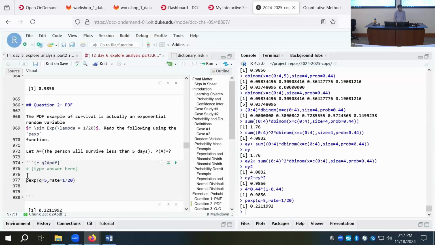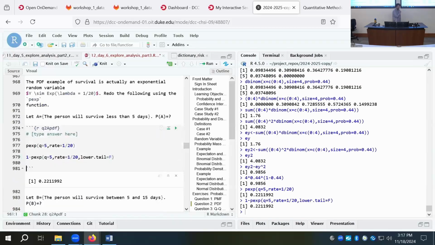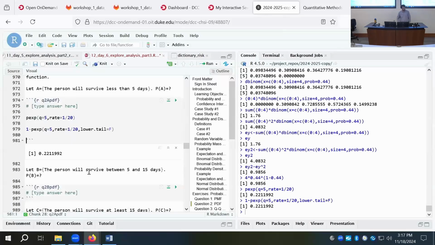Another way we could have done this, is maybe not a way, but you could have done 1 minus, and you say, well, lower tail equals false. It would have done it the opposite way. Okay, so we want to know now the probability that the person will survive between 5 and 15 days. So here we're going to run p(exp) with q equals 15, and then subtract the p(exp) with q equals 5 from it.